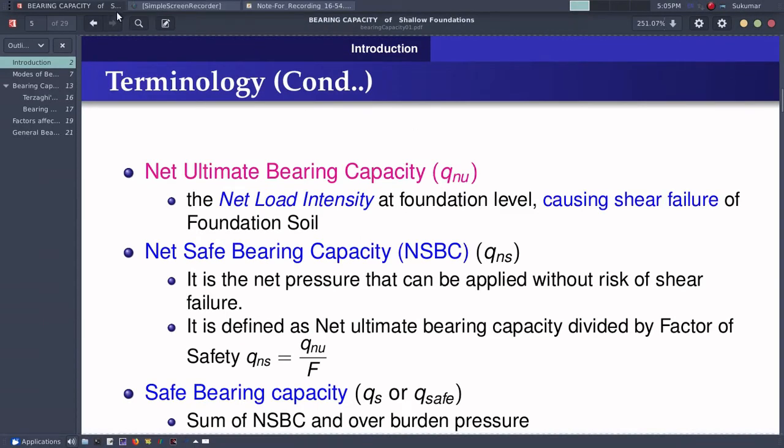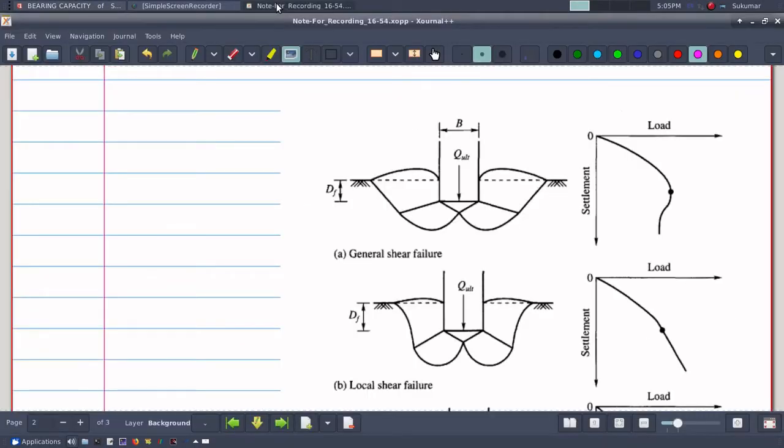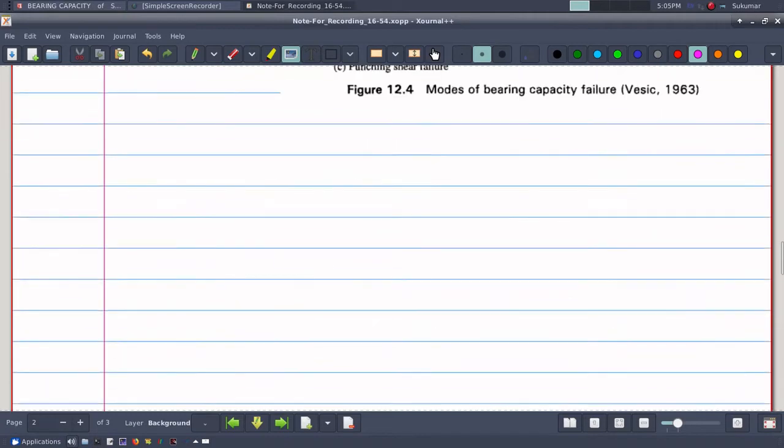So for example, we can write that Q net ultimate will be equal to Q ultimate minus the surcharge.